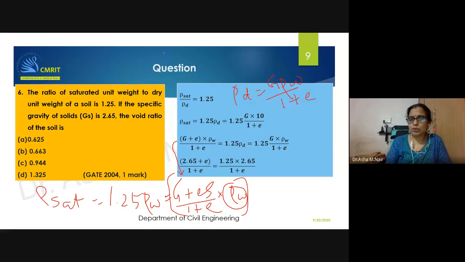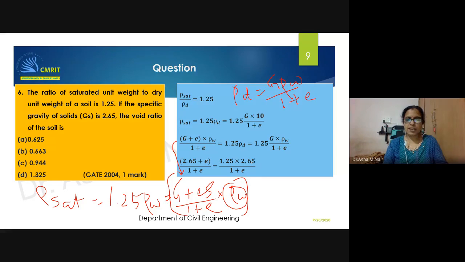Then what will be left out? G is equal to 2.65. (2.65 plus e) divided by (1 plus e) is equal to 1.25 into 2.65. Again, the denominator will get cancelled. So finally, you get the value for e as, how much will be the value? 1.25 into 2.65 minus 2.65.